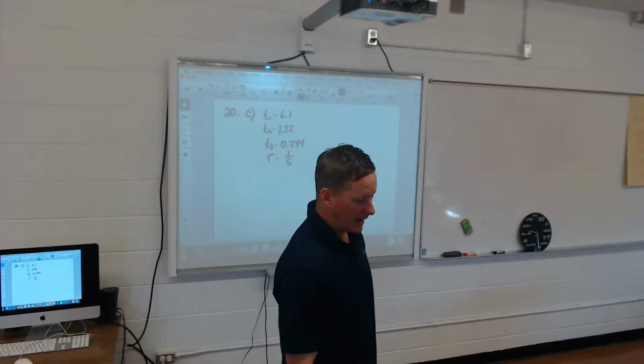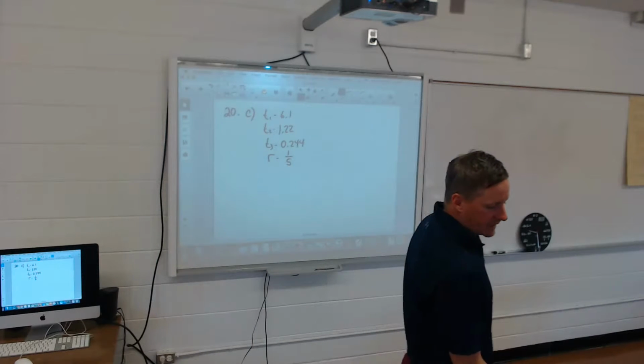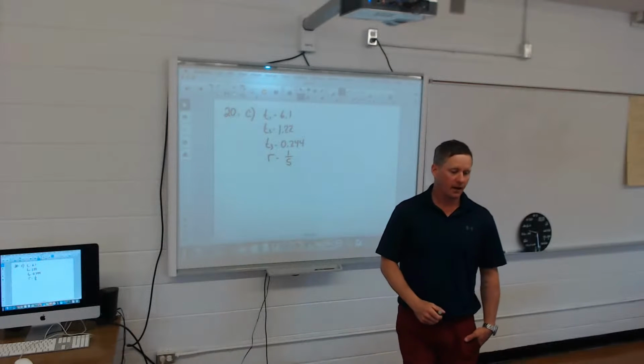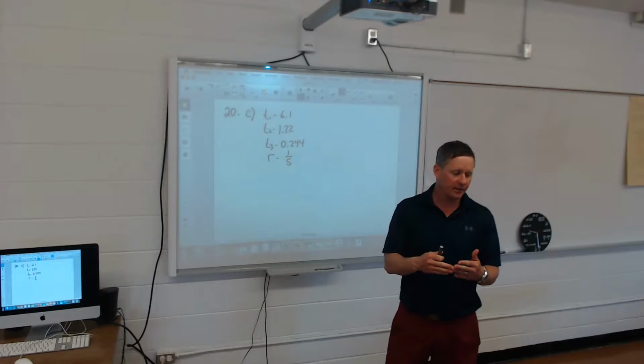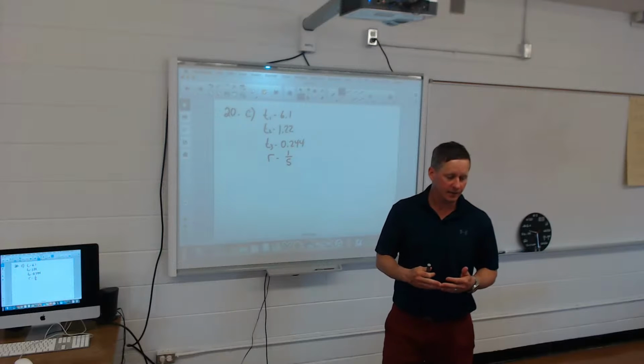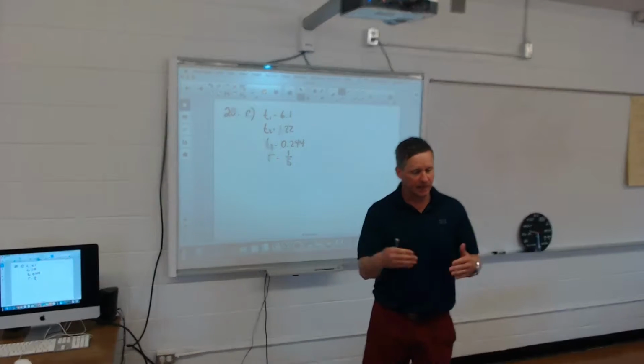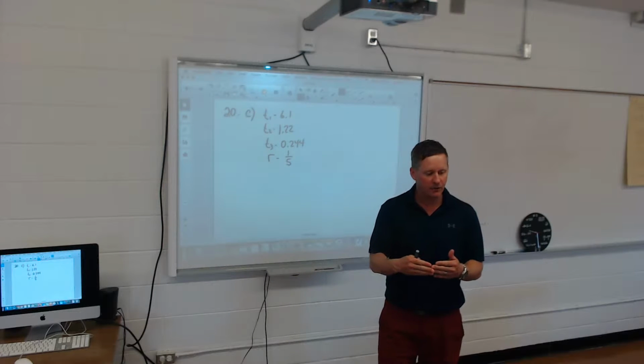Now, because my r value is a fraction, I have a convergent infinite geometric series. Infinite means it goes forever. Convergent means it comes towards one value.